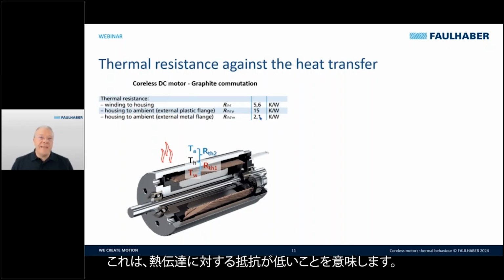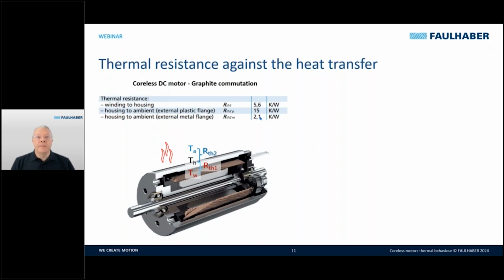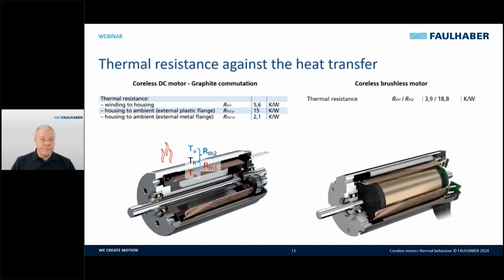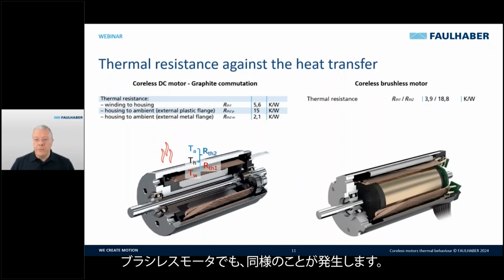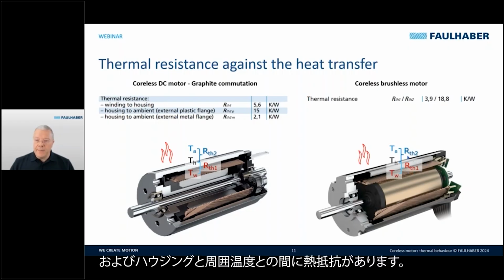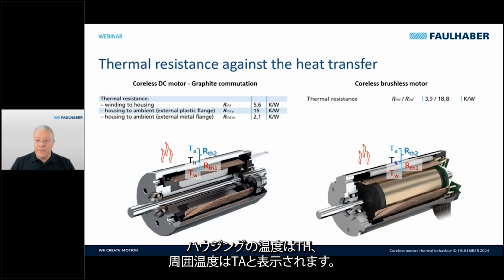This means that we have less resistance against the heat transfer, so the heat can flow better to the ambient through the metallic flange in comparison with the plastic flange. What happens with the brushless motor? We have a similar situation. There is a thermal resistance between the winding and the housing, and a thermal resistance between the housing and the ambient. TW is indicated as the winding temperature, housing temperature TH, and the ambient temperature TA.